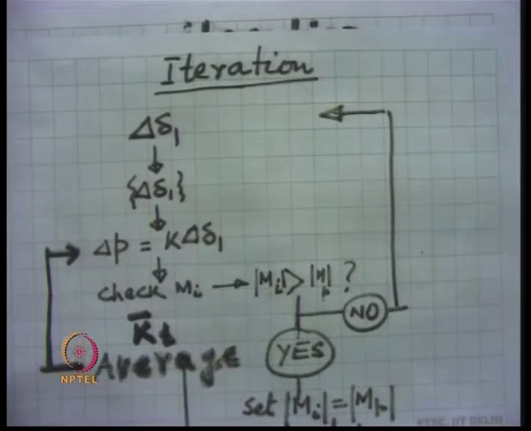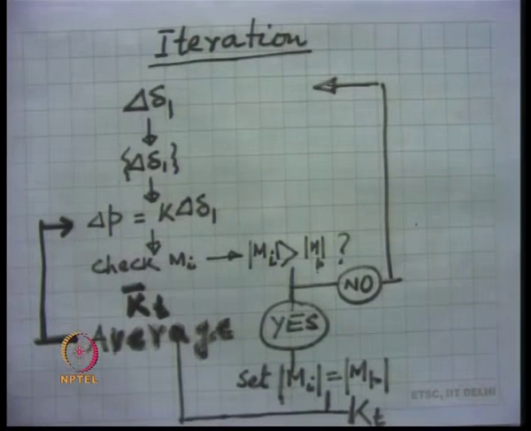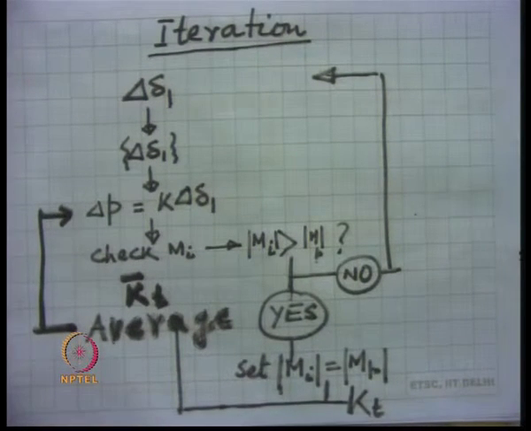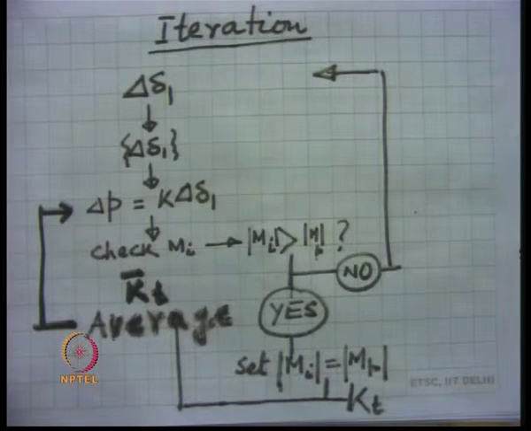That obviously introduces some kind of imbalance into the overall equilibrium equation. So we can have two options. One is that after setting those values of the moment Mi equal to MP, we calculate a revised value of the stiffness matrix.